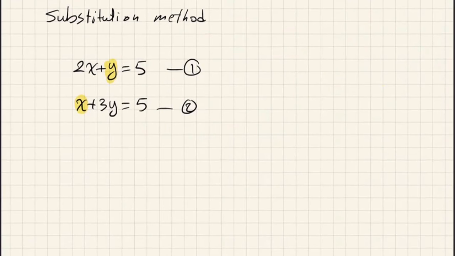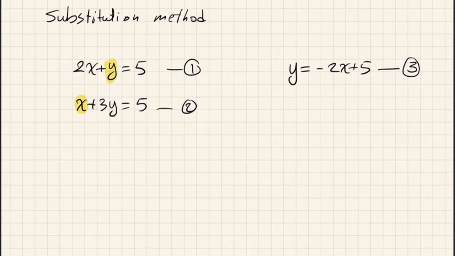So it's up to you. Tell me which one you want me to change the subject of, 1 or 2? 1. Okay, so I will change the subject of formula of 1 to y. So shift the 2x to the other side, so y equals negative 2x plus 5. And this will be named as number 3.